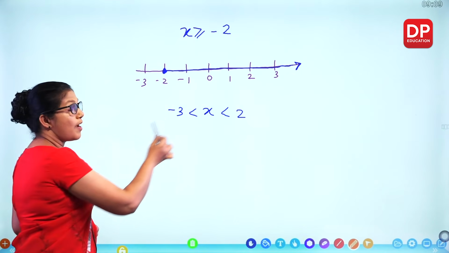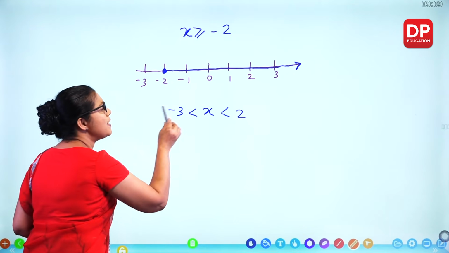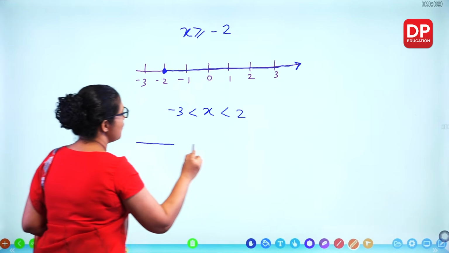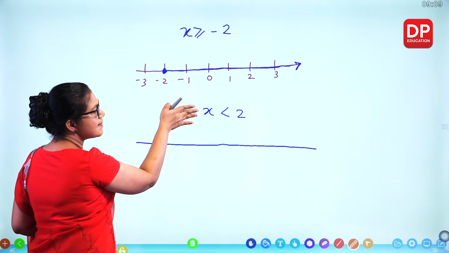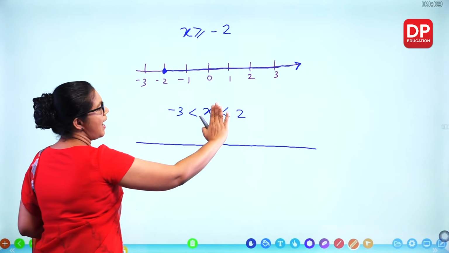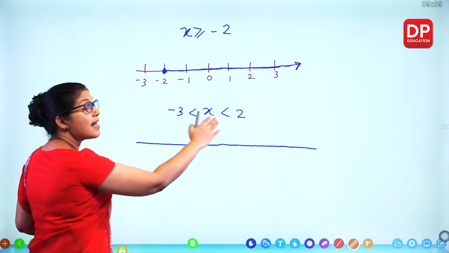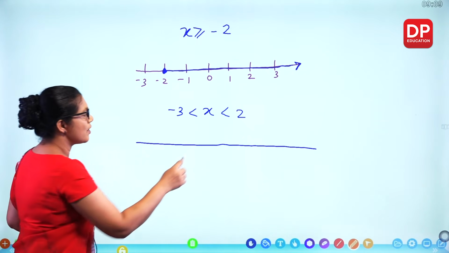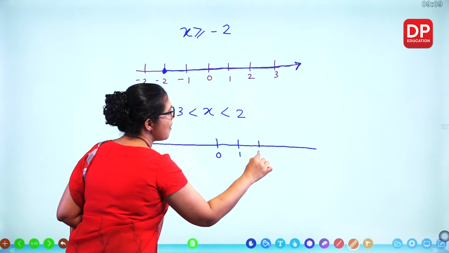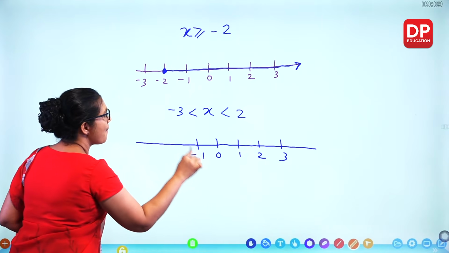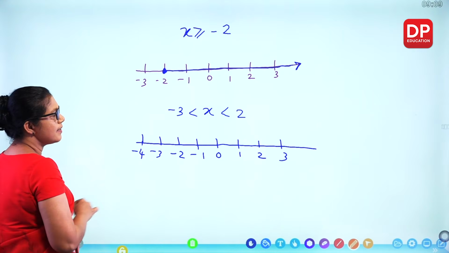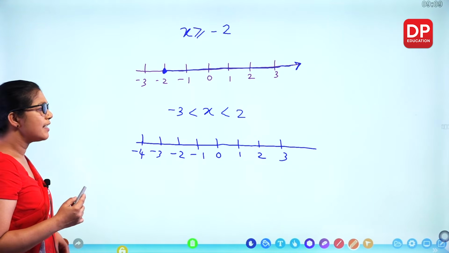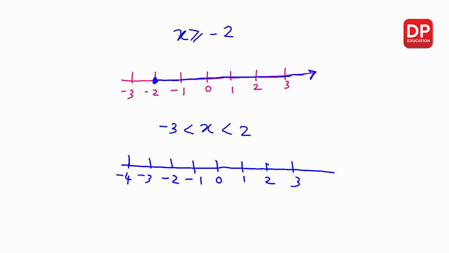Here, when you have two numbers like this, we can say in between. So if you take the number line, you can close one side and see x is less than 2, and on this side x is greater than minus 3. So here we can mark the numbers like this. And then these values are not included, so we need to draw open circles.